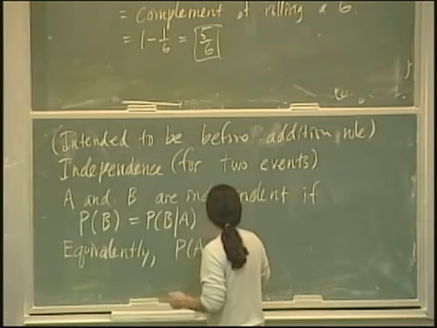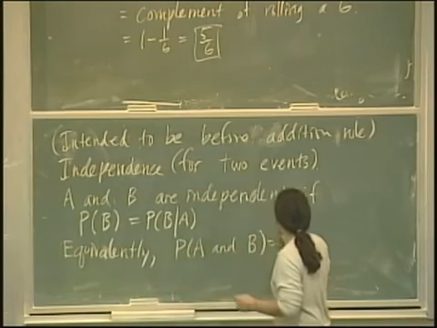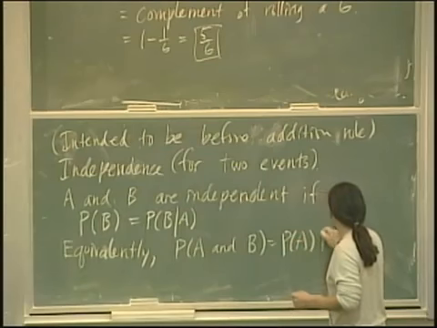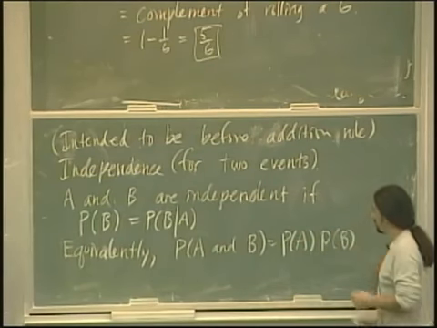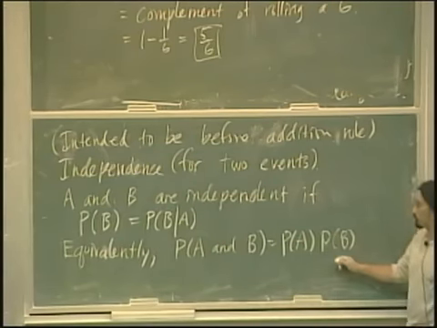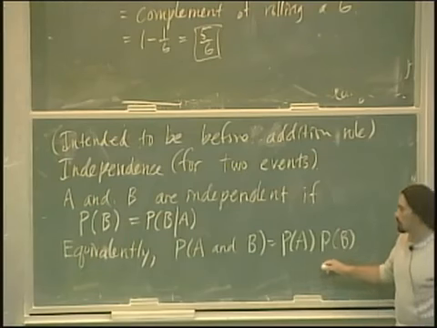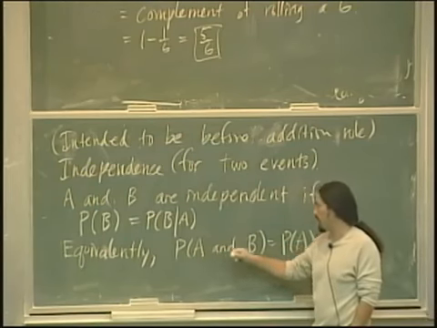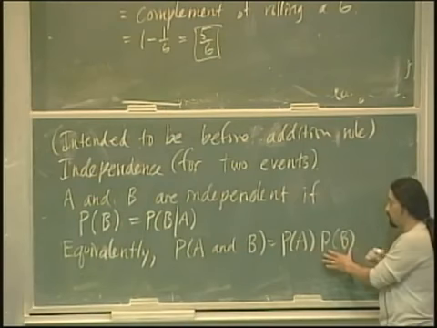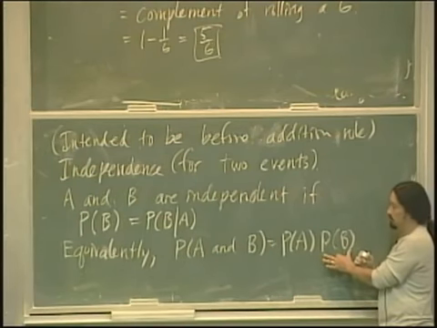you could say the probability of A and B is equal to the probability of A times the probability of B. So that's, I think, fairly clear why those are equivalent. In general, the multiplication rule tells us that the probability of A and B is the probability of A times the probability of B given A. Okay?